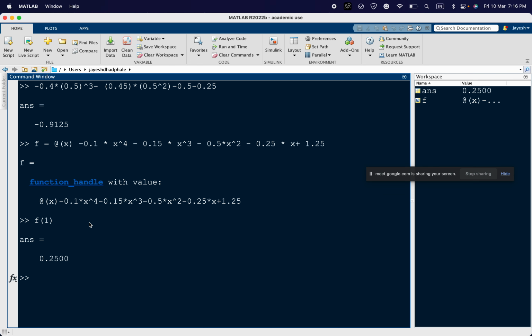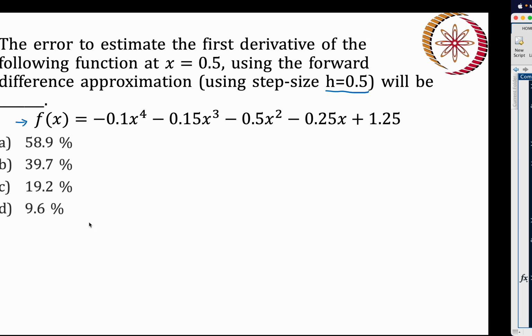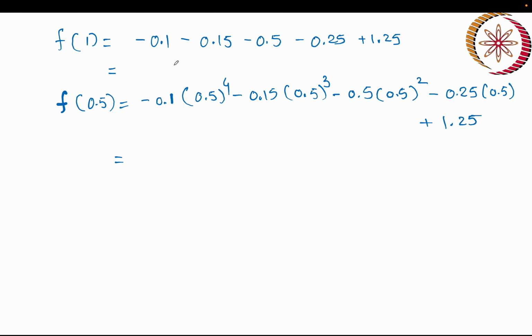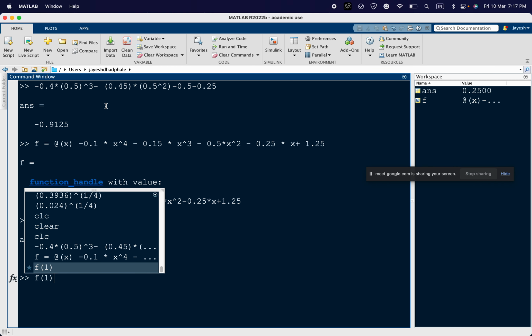It is equivalent to computing this first expression, and this value is 0.25. Okay, and next is 0.5. So f of 0.5 is 0.975.